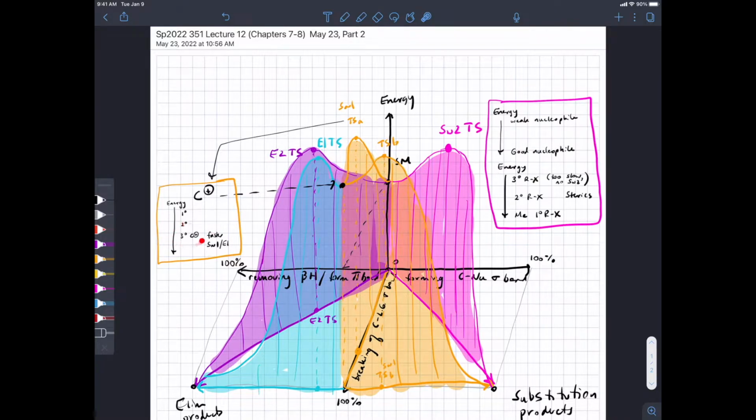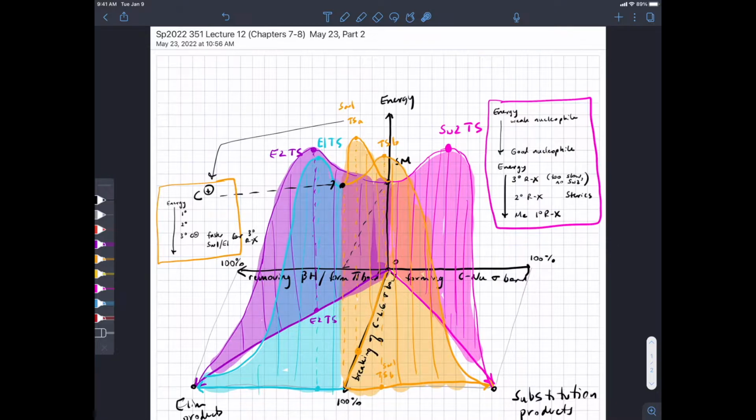Notice that the SN1 reaction will be fastest for tertiary carbocations, which come from tertiary alkyl halides. So I'm going to write faster SN1/E1 for tertiary alkyl halides. But notice that's exactly where SN2 is too slow. So that's a decision point that we're going to use if our starting material is a tertiary alkyl halide. We're going to know SN2 is not an option. And we're going to know SN1/E1 is potentially an option.